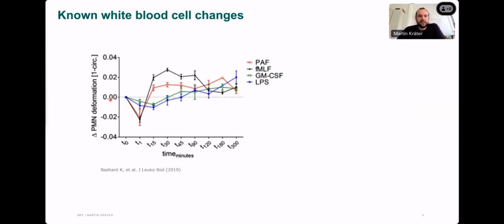What you can clearly see is that after a very short timescale stiffening phase of the cells, so the cells become less deformable, they all increase and become more deformable. So the neutrophils seem to get activated. That's what these drugs do. And then they change their physiological state and become very migrative. So they want to migrate out from the circulation and go into the tissue.